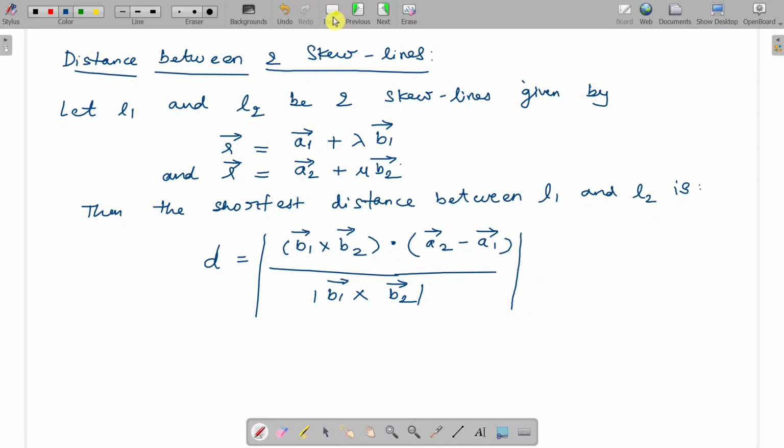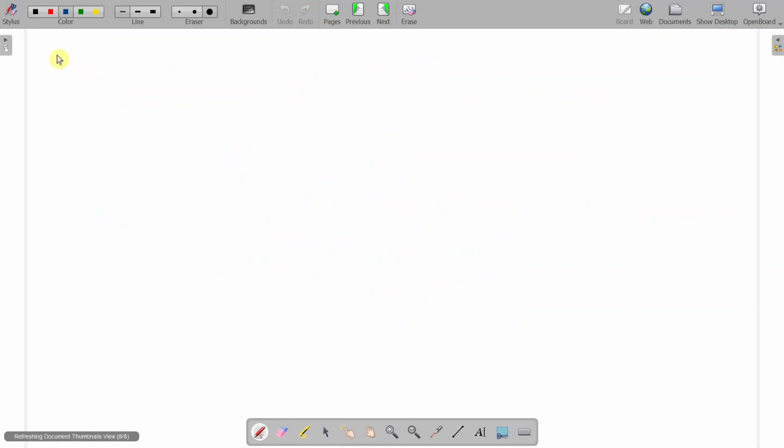Now let us look at the distance between the two lines in Cartesian form. Again we have to consider two skew lines.